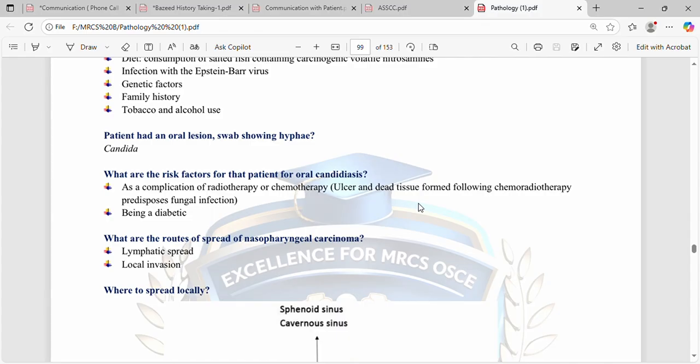So in such cases, the patient will have candidiasis. As a complication of radiotherapy or chemotherapy, because it's an immunocompromised state, ulcer and dead tissue form following chemo radiotherapy, predisposed to fungal infection. Being diabetic, diabetes is also an immunocompromised state. So in all these conditions, you will get candidiasis.